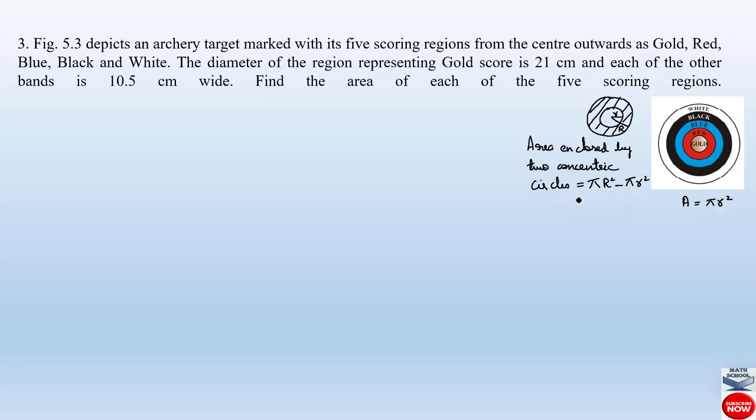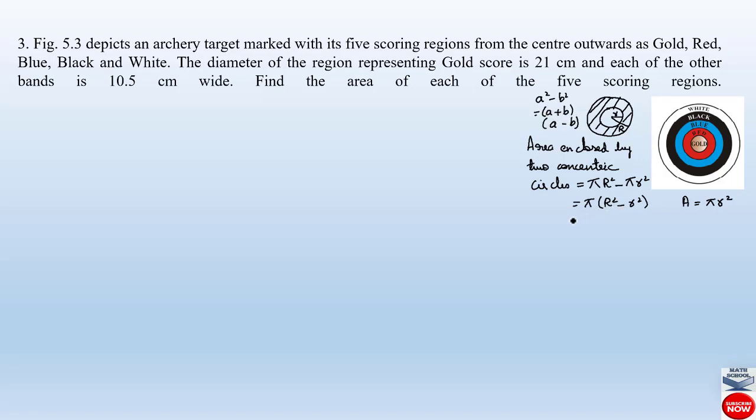Also for this formula, we can further simplify it by taking pi common. So here we will have in brackets R square minus small r square, which is in the form of our identity a square minus b square. That identity result is a plus b into a minus b.